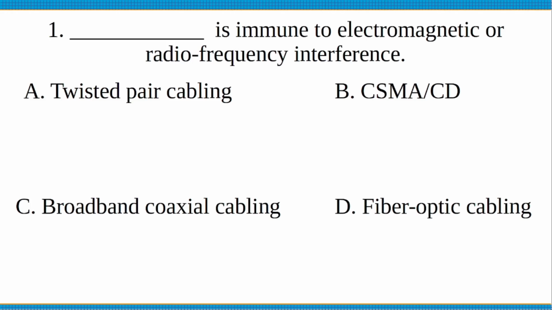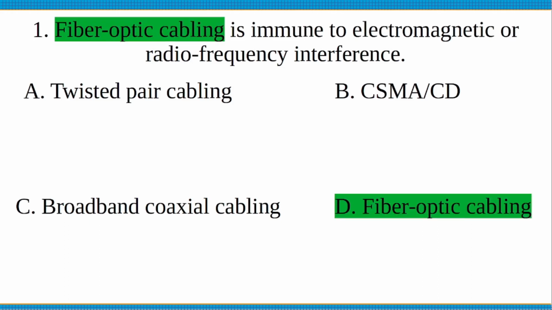Remember, like I said, take a pause to see which one is the right answer. And D, fiber optic cabling. So companies that want to ensure the safety and integrity of their data should use fiber optic cable because it is not affected by electromagnetic or radio frequency interference.